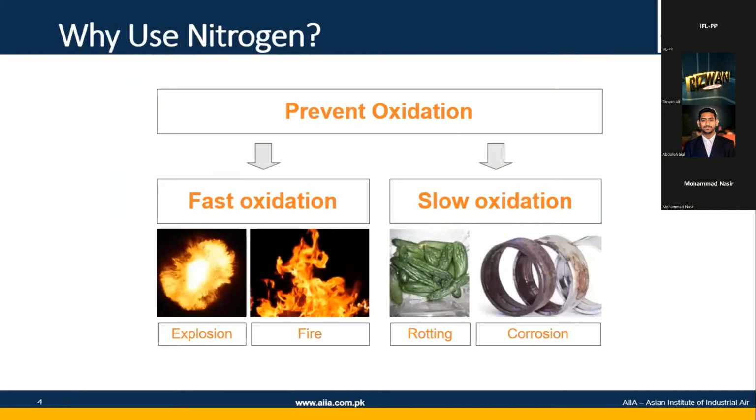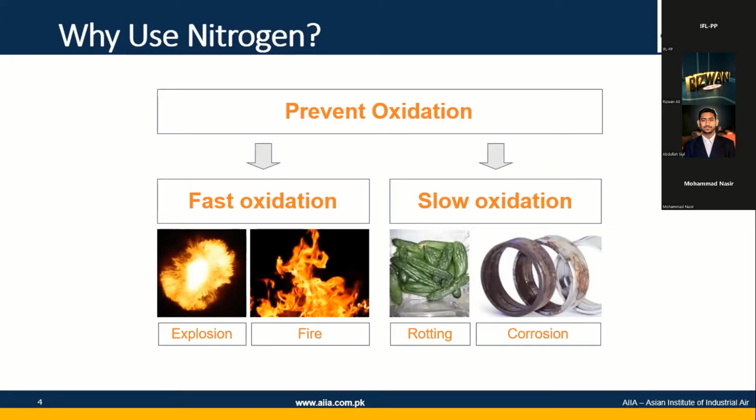Why do we use nitrogen? This question may come to your mind. The basic purpose of using nitrogen is to prevent oxidation, because fast oxidation can create explosions and fire.